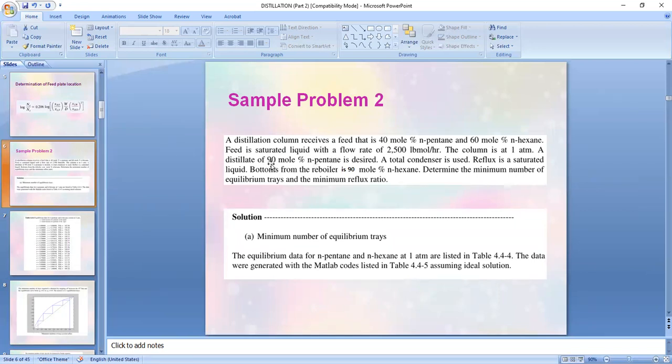Now you're supposed to get the equivalent equilibrium mole fraction in the liquid phase for this particular mole fraction in the gas phase. It's a pair.